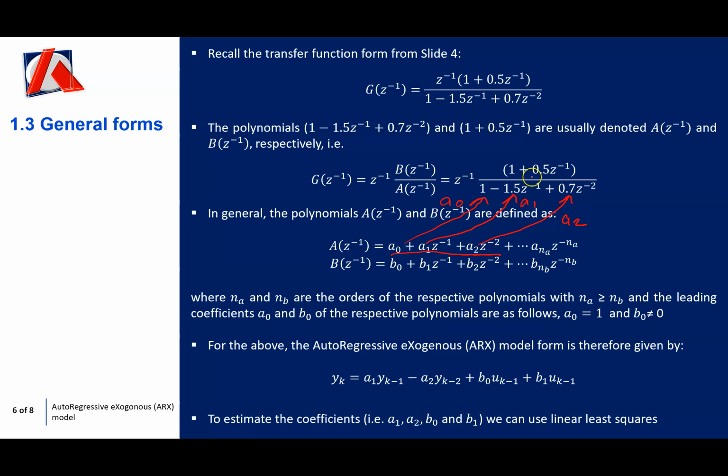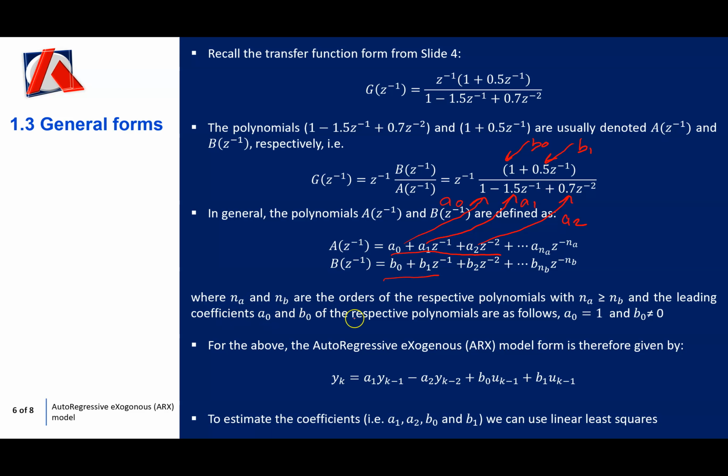And then if we look at the numerator, you can see we've got terms that correspond effectively to that. So here, this is b0 and this is b1.